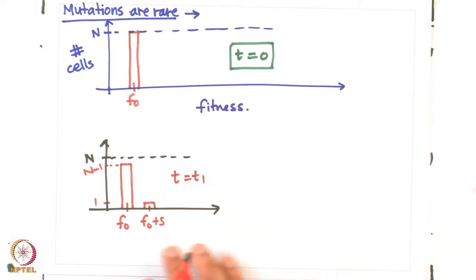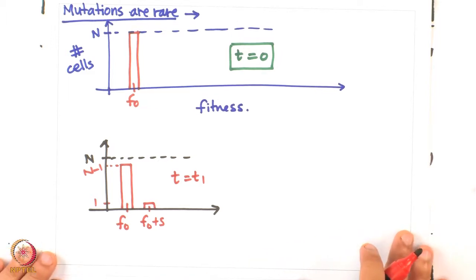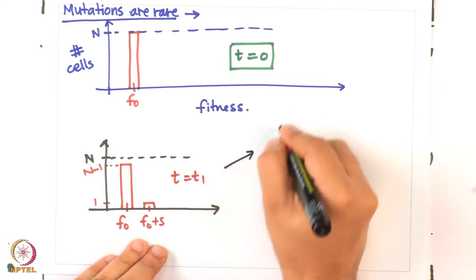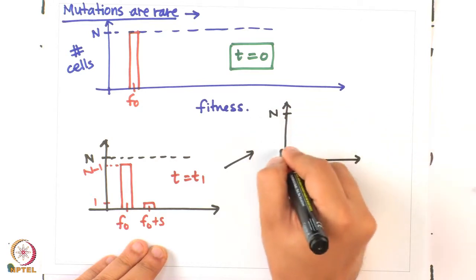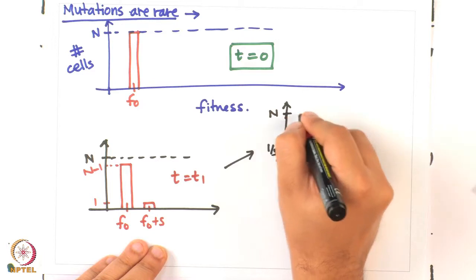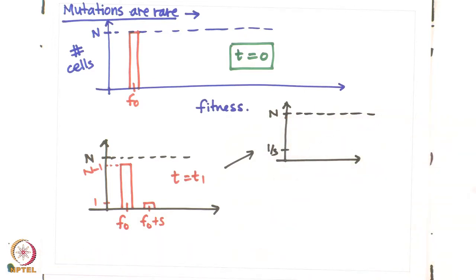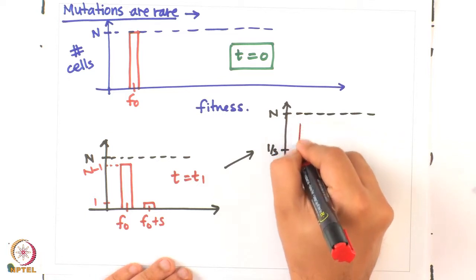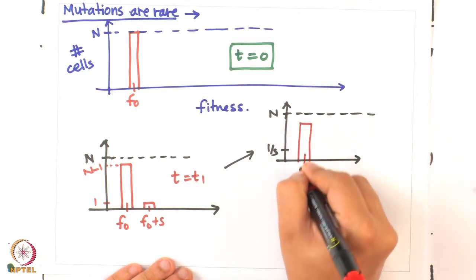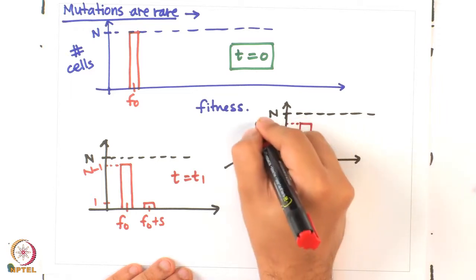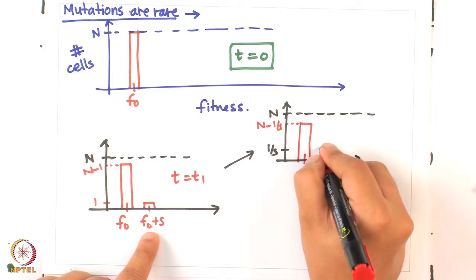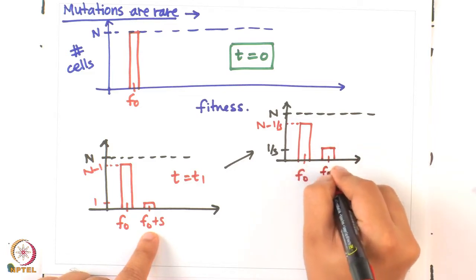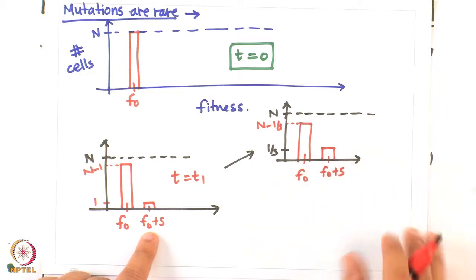Now, this mutation, let us imagine that it does not get eliminated due to drift and is able to establish itself. If that is the case, then at t equal to t2, what the picture is going to look like is that the number of individuals corresponding to the parent genotype at fitness f naught is going to be n minus 1 by s, and this one mutant has increased in numbers and gone up to 1 by s number of individuals which correspond to this particular genotype.